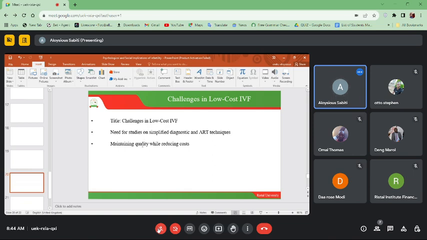So the challenges are here. Challenges in low cost IVF, intravaginal fertilization. There is a need for studies on simplified diagnostic and ART techniques, maintaining quality while reducing costs.